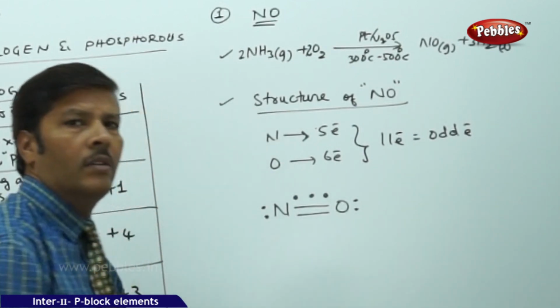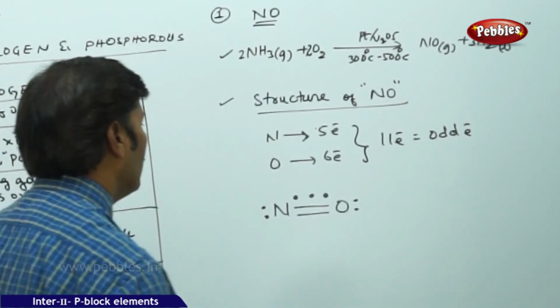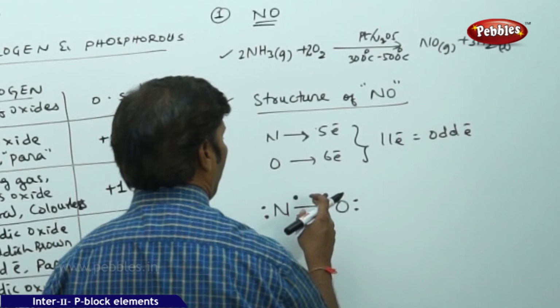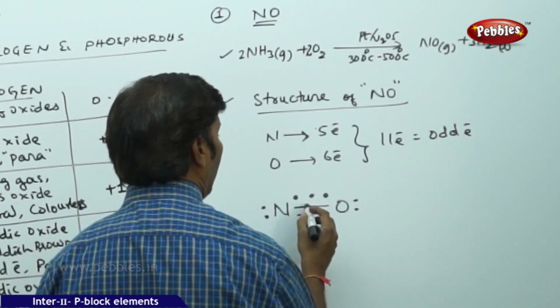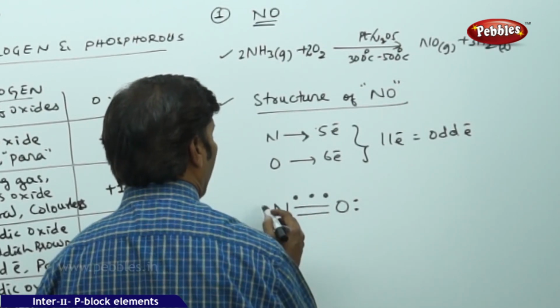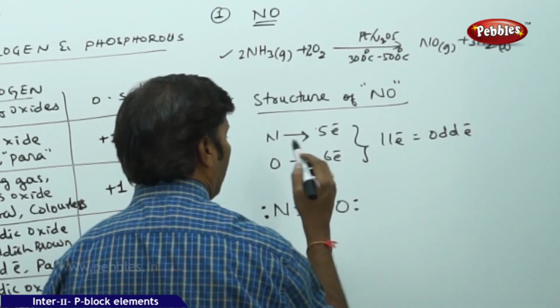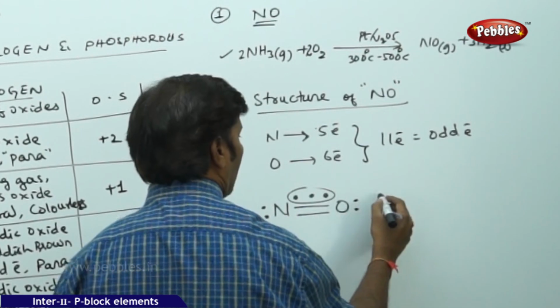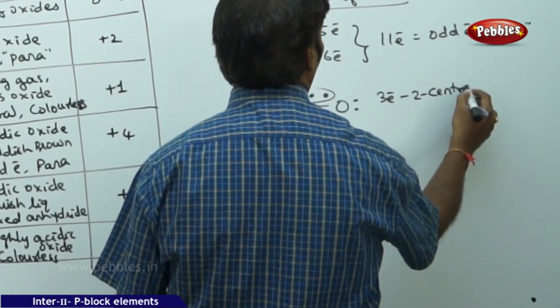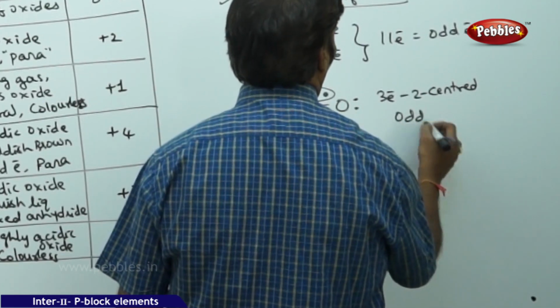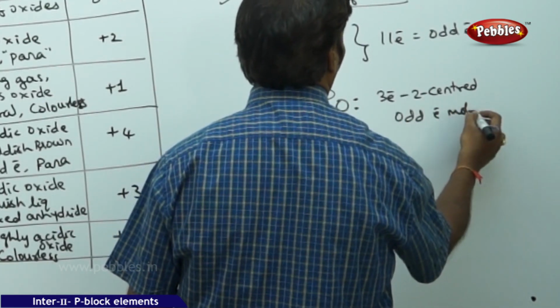So this is a 3 electron, 2 centered bond. 2 covalent bonds means 4 electrons, then 5, 6, 7, 8, 9, 10, 11. This is a 3 electron, 2 centered, odd electron molecule.